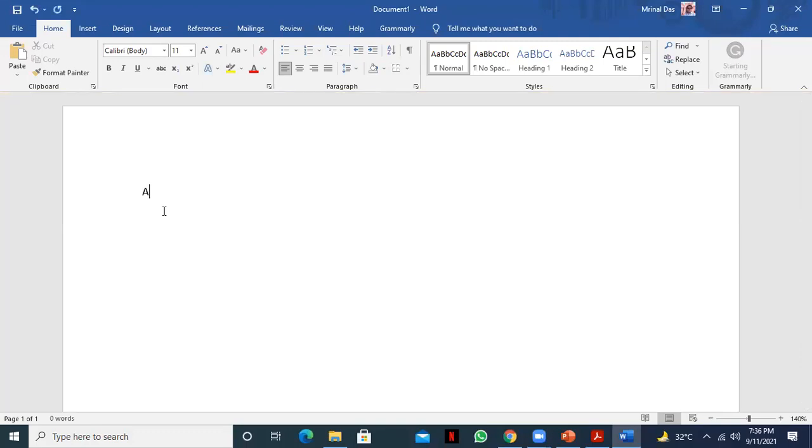So we know our accounting equation is what? Accounting equation is asset equal to liabilities plus owner's equity. Okay. So we find that instead of owner's equity, we find 4 elements. So instead of owner's equity, we can write this, right?